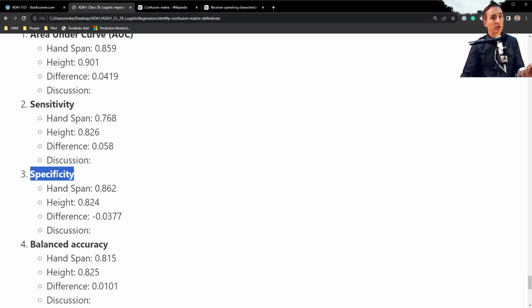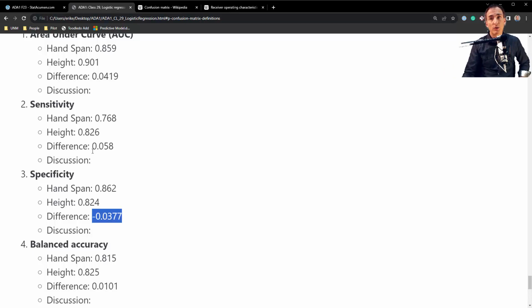Specificity is the ability to correctly classify males, and we went down between the handspan and height models by about 4%. So you have to think, going from the handspan model to the height model, female prediction increased by almost 6%, but male prediction decreased about 4%. Is that a good trade-off?